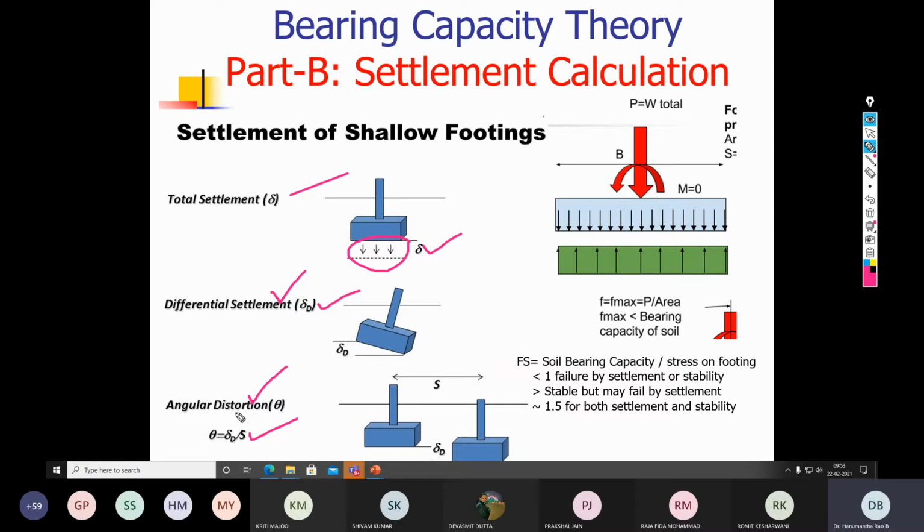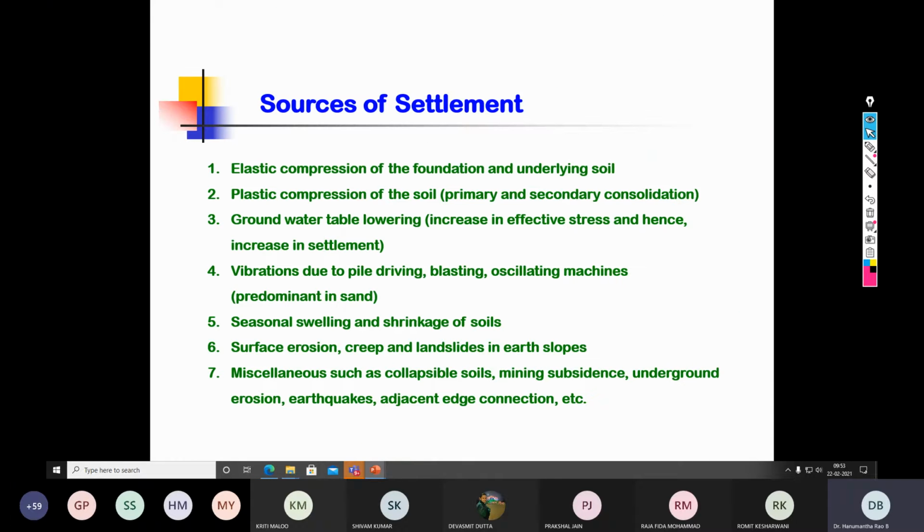But at the same time, we also need to calculate the amount of total settlement. That cannot be ignored. So these are the sources for settlement. The first is, suppose you take the soil and the foundation as an independent system, the soil itself can undergo consolidation.